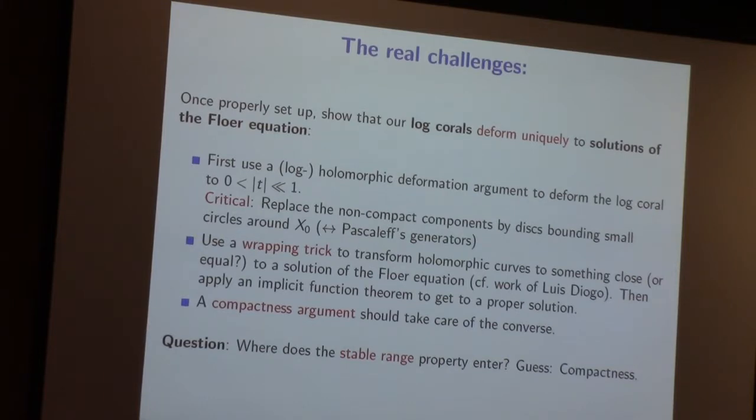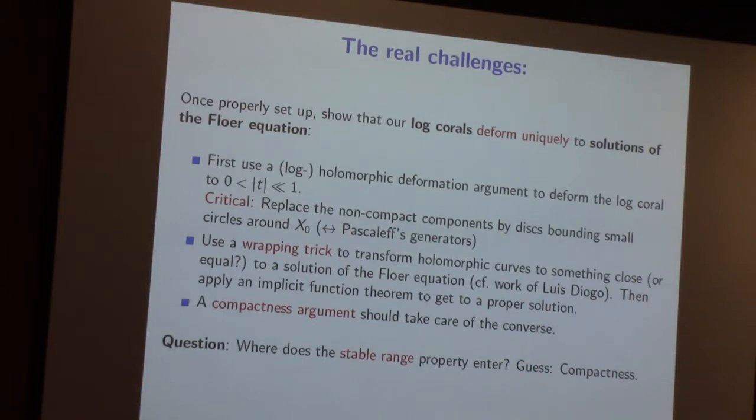I'm not comfortable in doing log deformation theory directly with the Floer equation. I think that will be very messy. What I'm happy to do is doing log deformation theory in the analytic context. That's essentially standard. But still, there's a problem because we're non-compact, or at least we need to deform to something really analytic, having something like the topology of a disk or a cylinder.